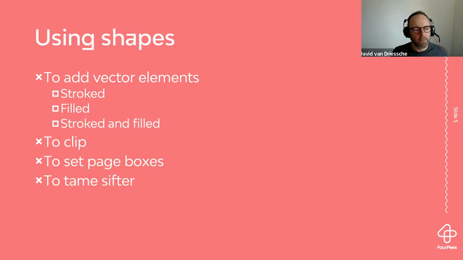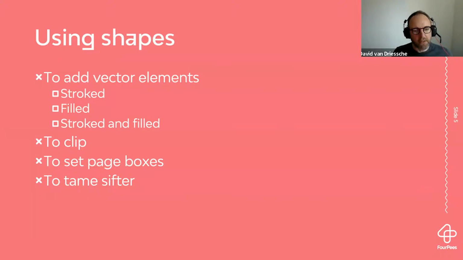And I think I also have an example of that. So I've designed something, it includes bleed, but to my customer, I want to show them how this is really going to look, and the bleed is probably going to confuse them. So I want to clip that away and only have the printable area. So that's also something that you can accomplish with shapes.